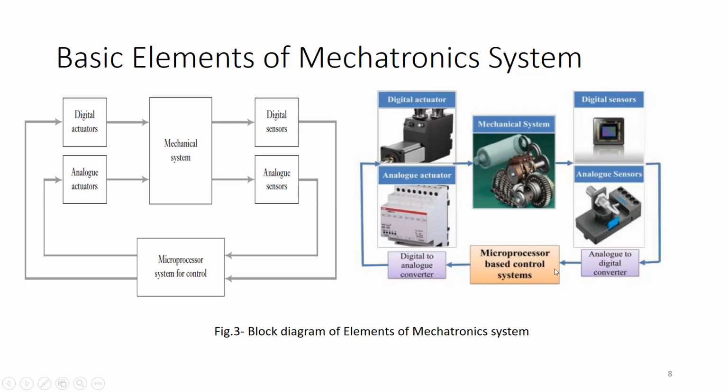Then that digital value will be processed by the microprocessor, which will give the results in digital form, but the actuator will be running in analog form. So it needs to convert that data into analog form first, then the analog actuator will directly move the mechanical system. Okay. So this is one example.